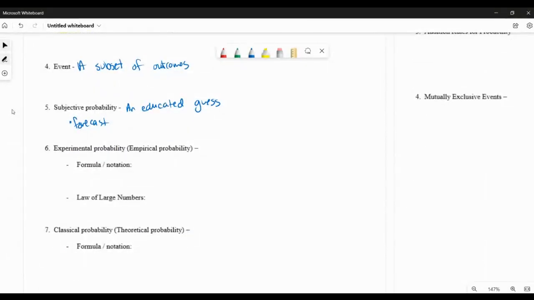Okay, then there's this thing called experimental probability. All right, and that is found by conducting an experiment. All right, there's this notation.